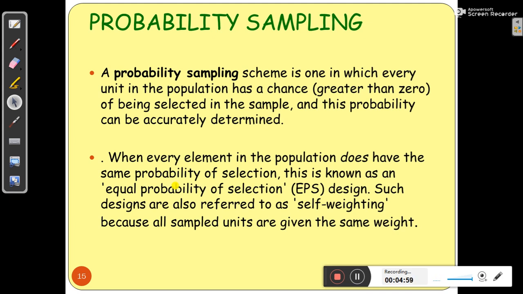When every element in the population has the same probability of selection, this is known as equal probability of selection.